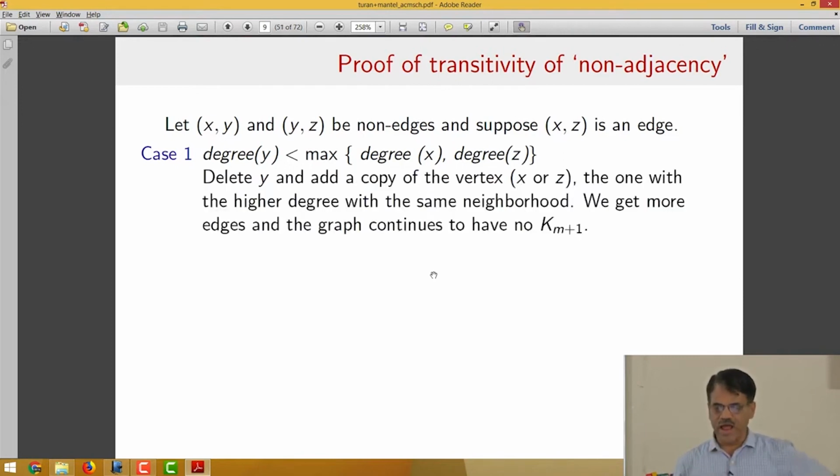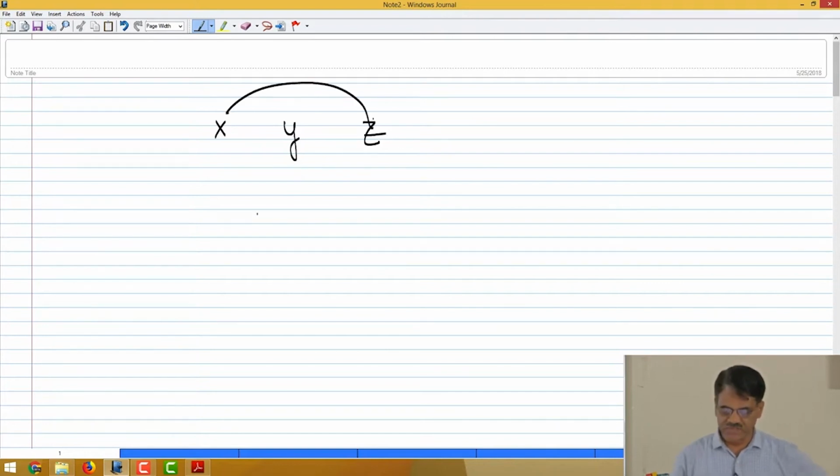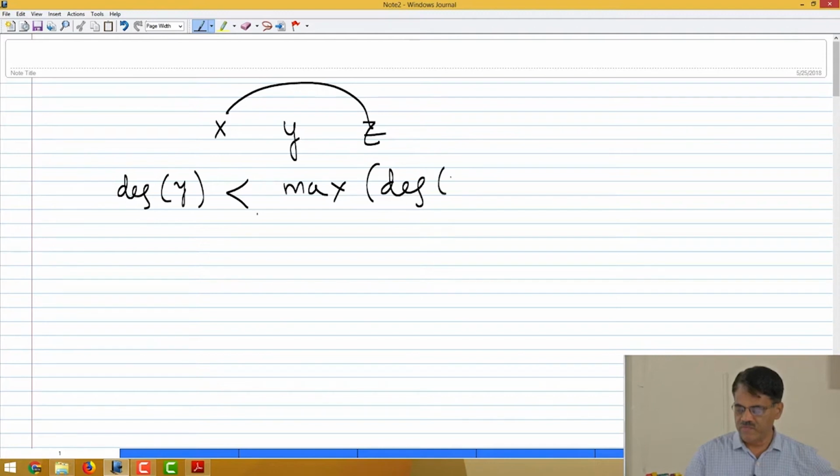So delete y and add a copy of the vertex x or z, the one with the higher degree, with the same neighborhood. Let me just again, I think it calls for a picture. So the situation we have is that xy is non-edge, yz is non-edge, but xz is an edge. Okay, and degree of y is strictly less than max of degree of x and degree of z.